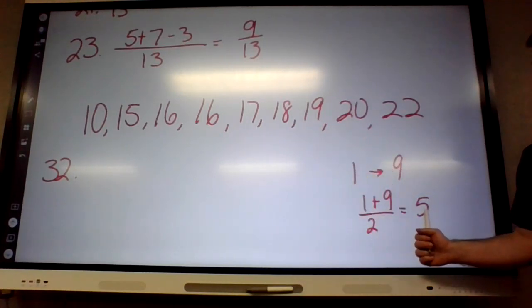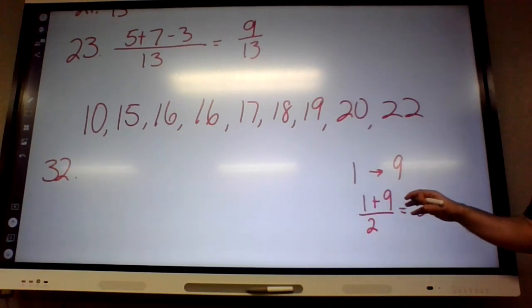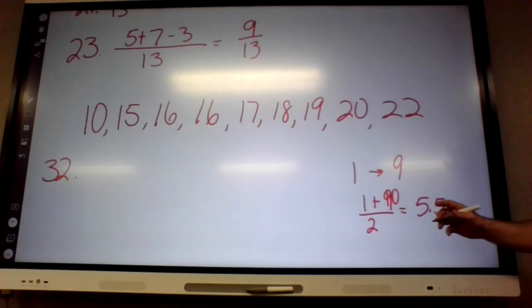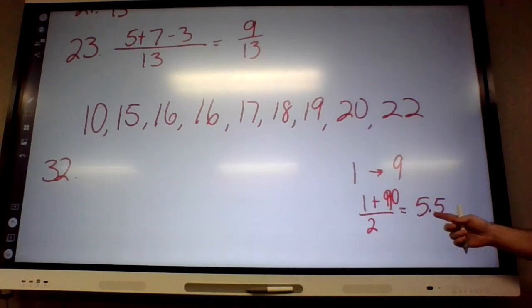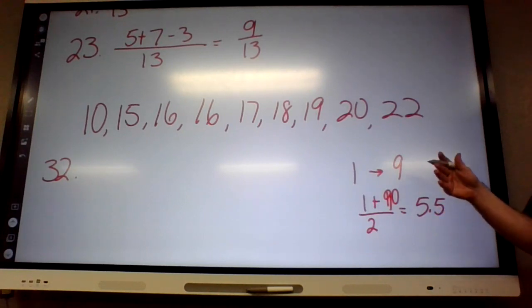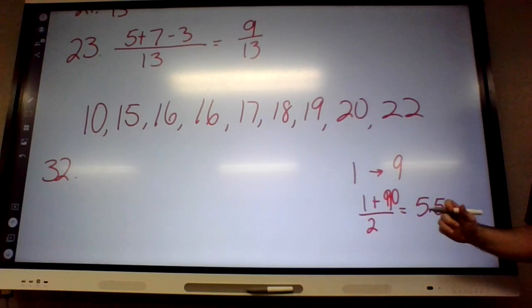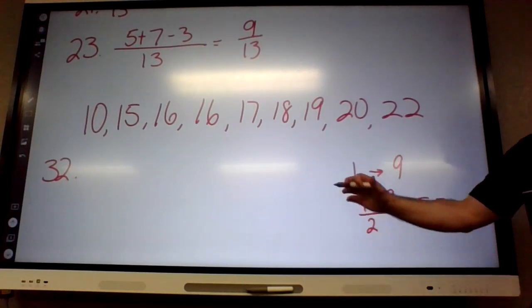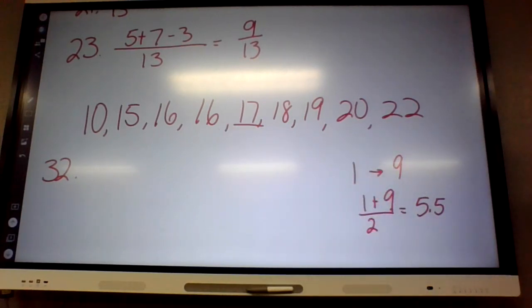What if we had 10 numbers and we got 5.5? What would the middle number be? The average of the two. Right, 5 and 6 would share the middle. So if there's an even number of numbers, you have to average the middle two. But in this case, there's an odd number, so 17 is directly in the middle.